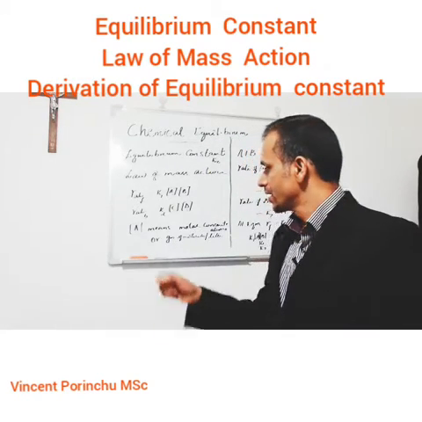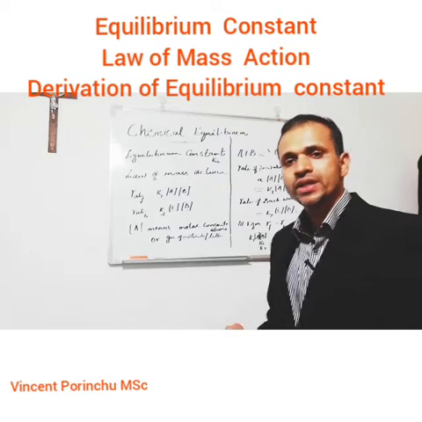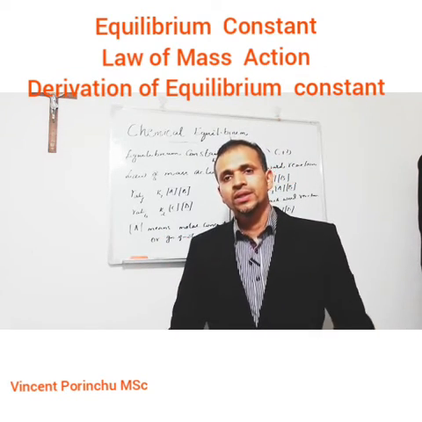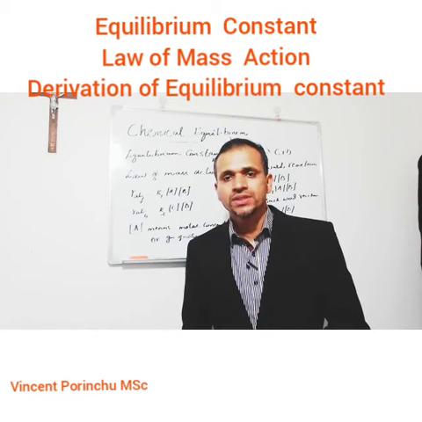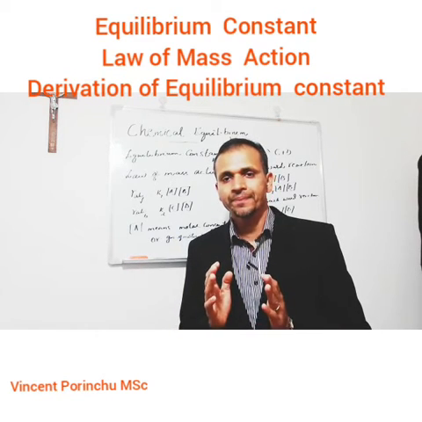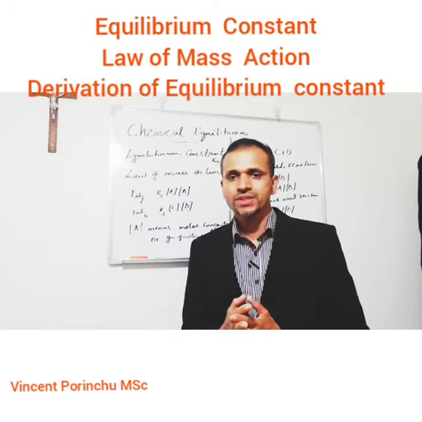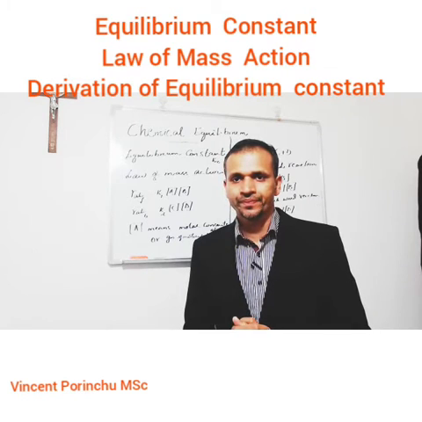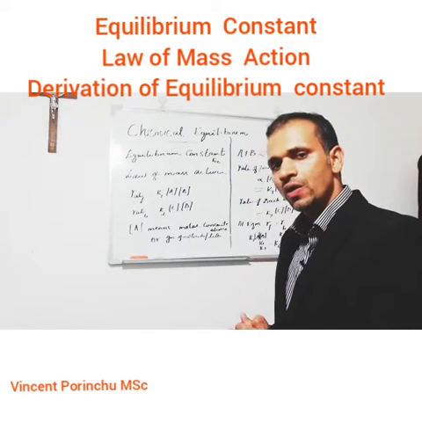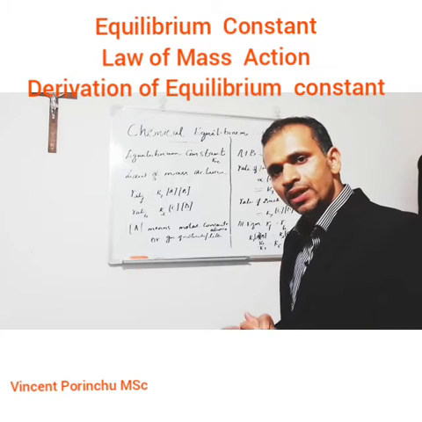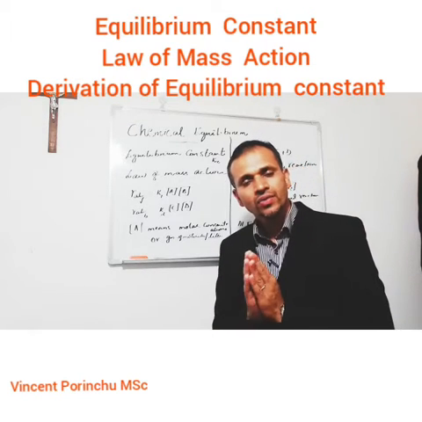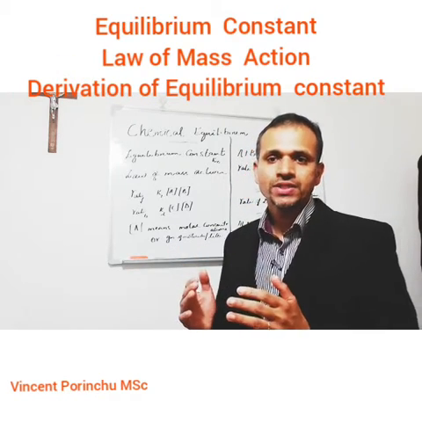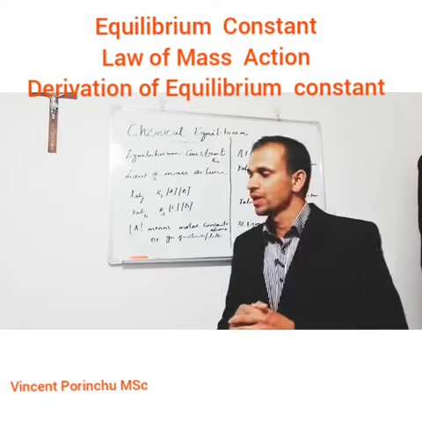That means the molar concentration of the reactant A, or the gram molecules of reactant A or any reactant substance per liter of solution. So according to the law of mass action, the rate of a chemical reaction is directly proportional to the active mass of reactants.